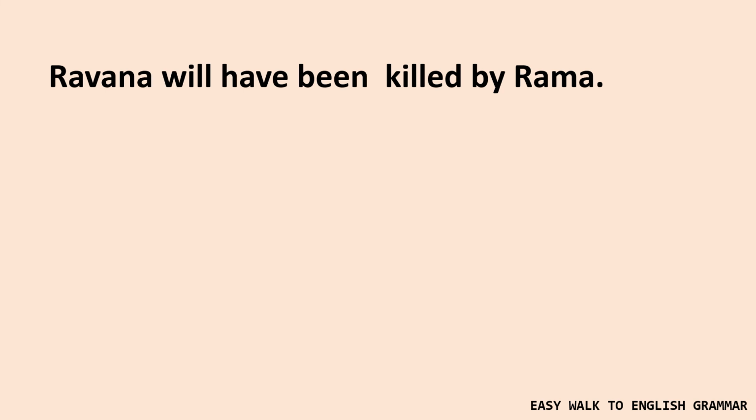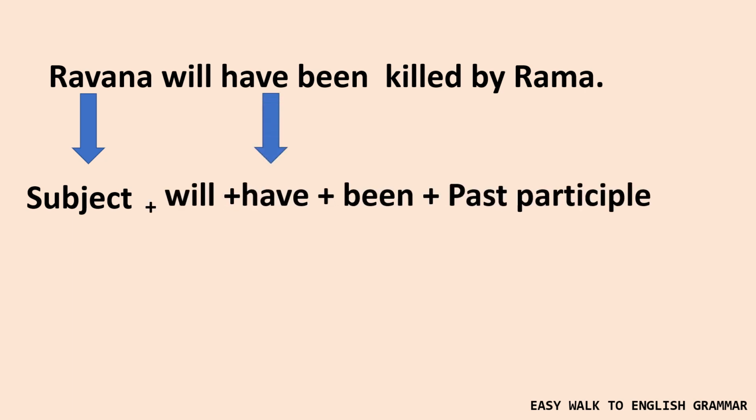And our point here is the passive voice form where we used have after modal auxiliaries. Ravana will have been killed by Rama. This is the passive voice. When we analyze this sentence, Ravana, the object of the previous active voice, will become the subject here, plus will. We used will here because we used will as the modal auxiliary in the previous active voice.